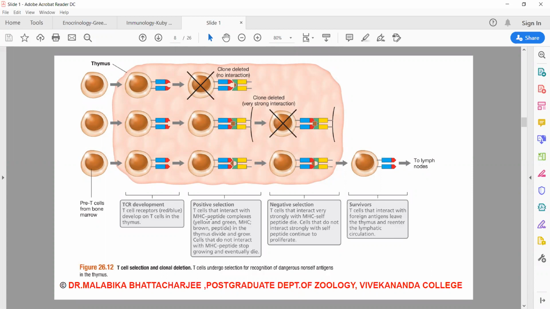Positive selection differentiates the T lymphocytes based on which receptor is activated, either the CD4 receptor or the CD8 receptor. So this is basically a summary of how the T lymphocytes enter the thymus, go through the two main levels of schooling, and then come out. In the process, they also develop the functional receptors.